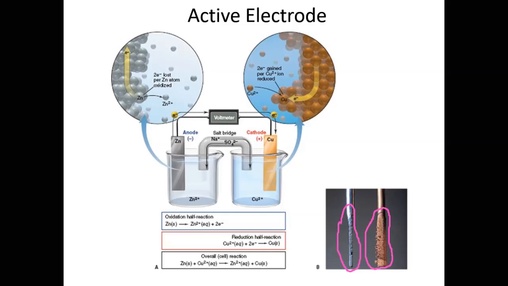You notice the electrolyte solution is zinc 2+ when we're using a zinc anode, and copper 2+ when we're using a copper cathode. You'll also notice that the anion in the salt bridge flows to the anode solution, and the cation in the salt bridge flows to the cathode solution. Your salt bridge is usually some group 1 salt, maybe sodium sulfate, sodium nitrate, potassium nitrate, etc.